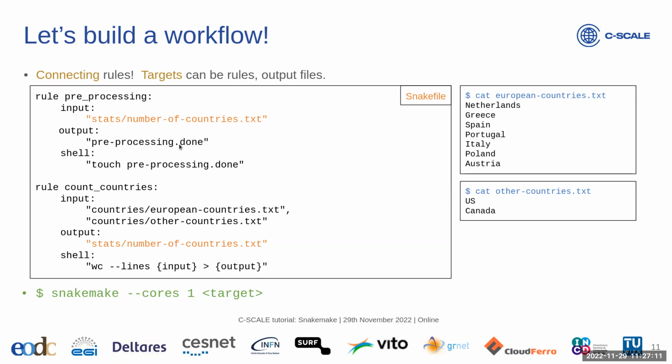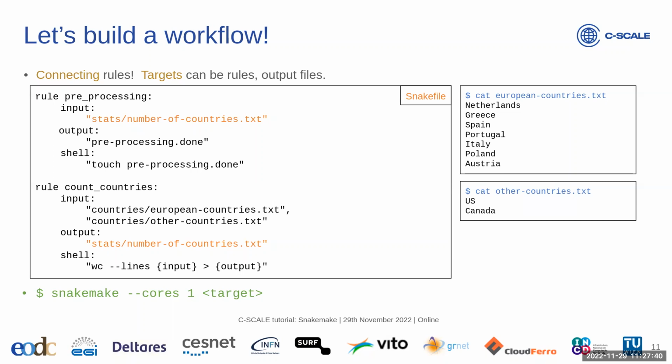So this output is created. But you can also be specific. You may be, for example, interested in running a particular rule. For this, what Snakemake calls a target can be count_countries in this example, or preprocessing. And then you have the flexibility. For example, when you have a big workflow, you can say, hey, run it up to this point, or run it up to this point.